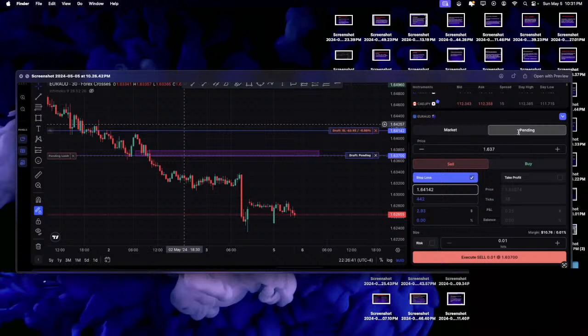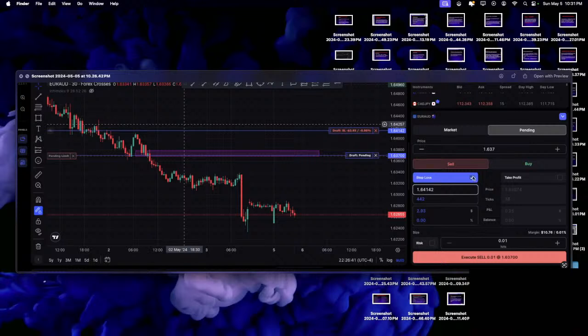So after you highlight sell and highlight pending order, right here, this area where you see price, type in this number, 1.37. You're only typing in 3 numbers because the next 2 numbers are 0, 0. So you don't have to enter those.